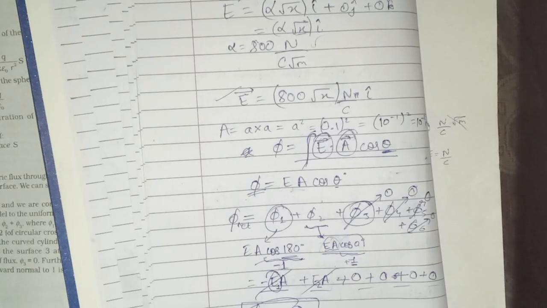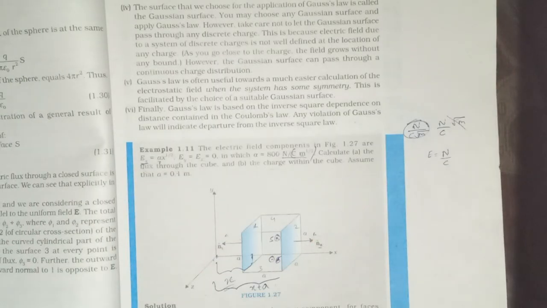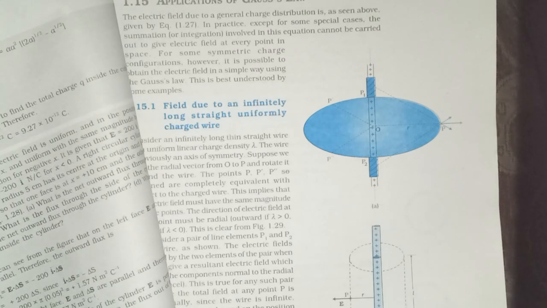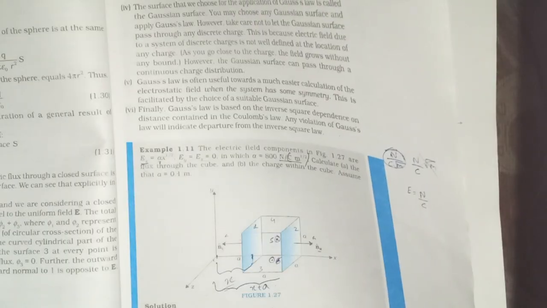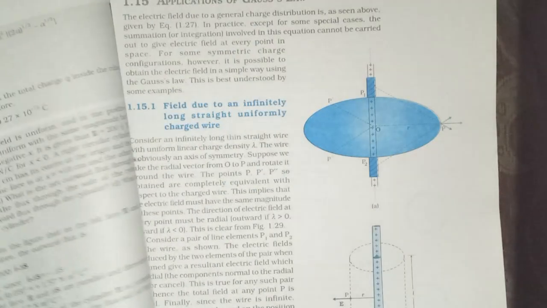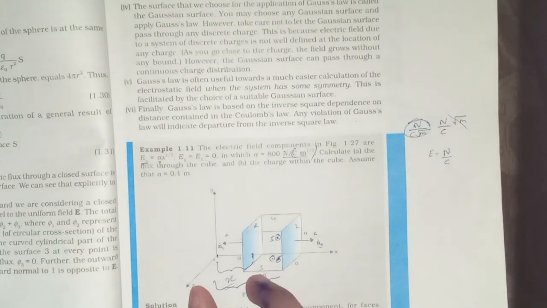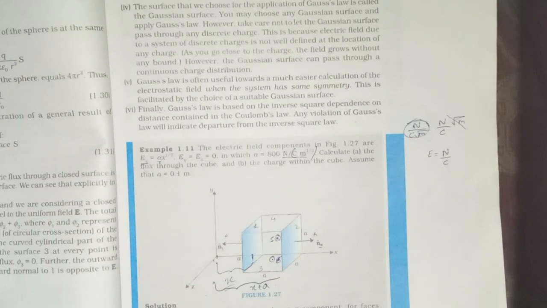I don't know how it would even be solved. They should have told that the cube is kept at the origin. Let's see what NCERT has done. I think they considered this distance as equal to a, but it's nowhere mentioned.